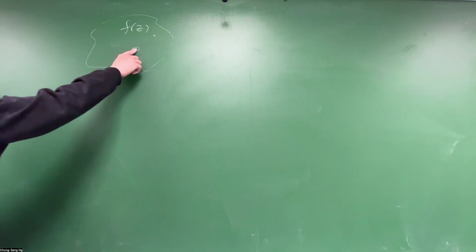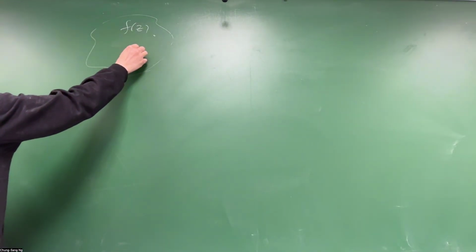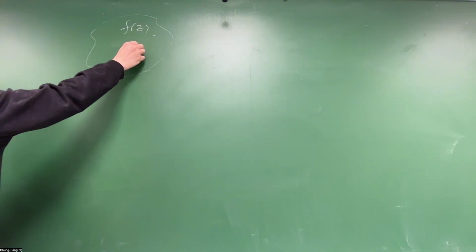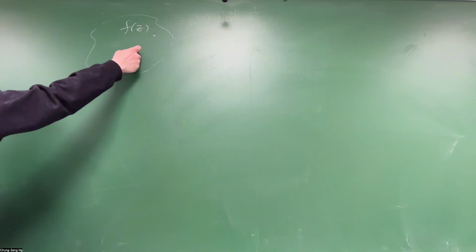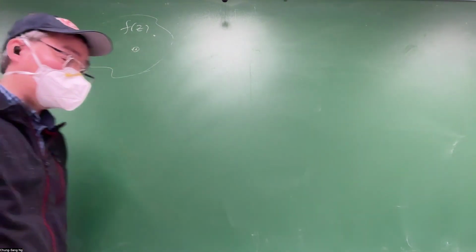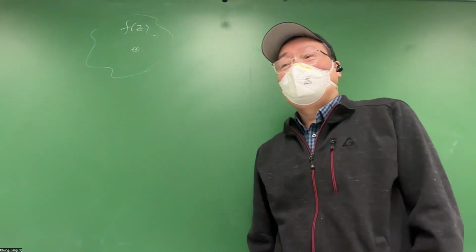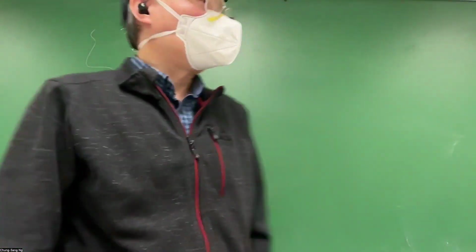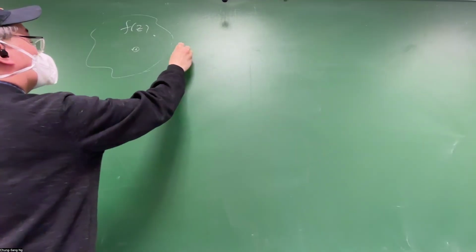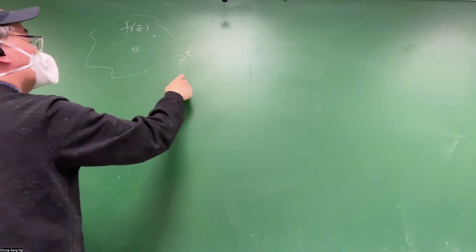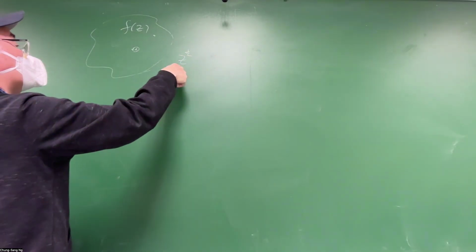So a branch point would be a point where, going around it, no matter how close to it, you get a different value. Then it's a branch point. Okay, have we talked about the branch point before? Like the z to the one half function, right?